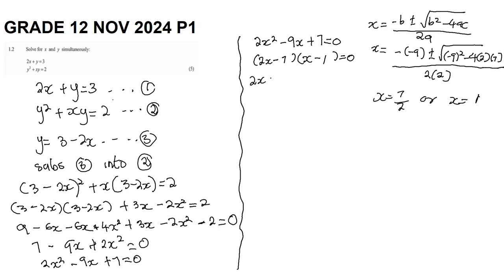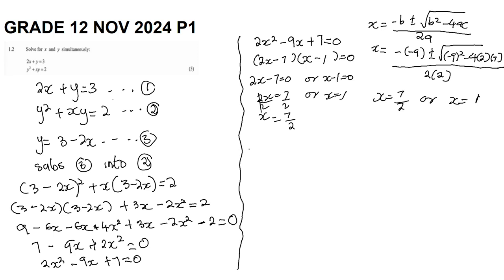Then you simplify further, guys: 2x minus 7 equals 0, or x minus 1 equals 0. Then you'll have 2x equals 7, or x equals 1. Then you divide both sides by 2, and x will be equal to 7 over 2, right, guys? So now you have your x values.